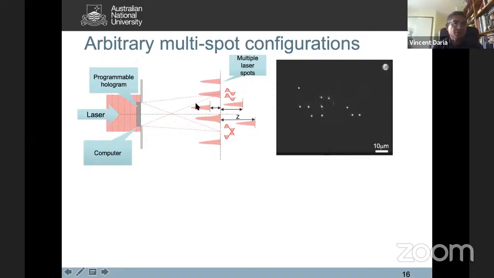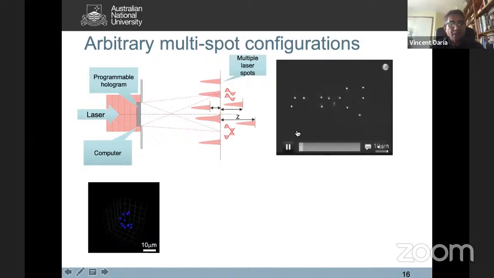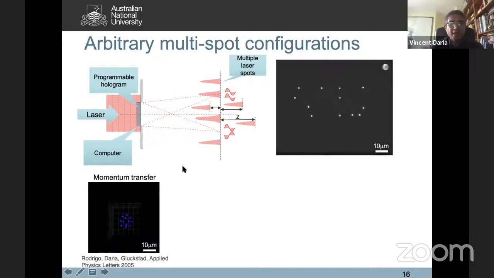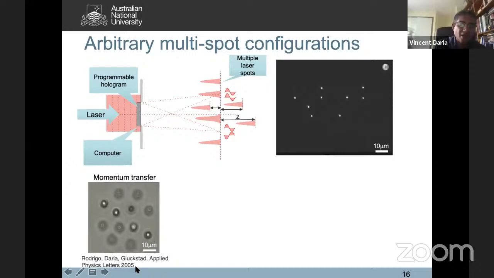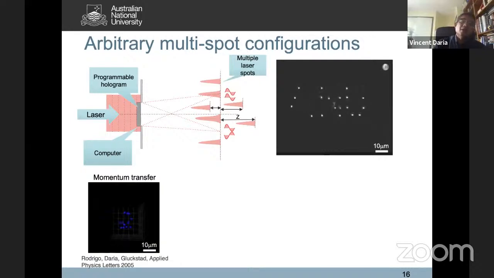Right before I came to neuroscience, I was using the spots for what we call optical tweezers. In 2005, I didn't have any idea I'd be working with neurons until I moved to neuroscience, or to ANU, in 2007.